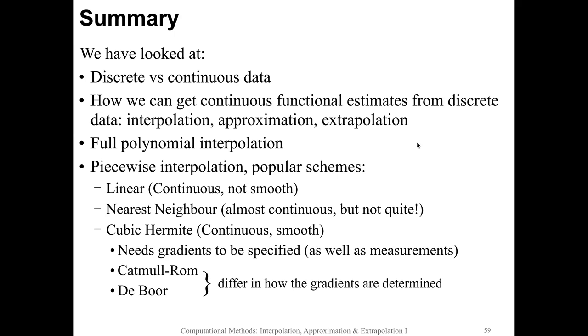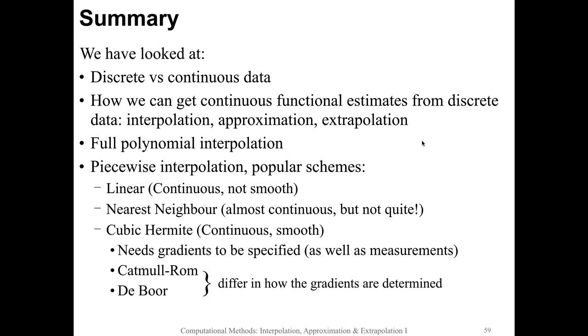And we looked at full polynomial interpolation where we fit a single function to all of our data, and we've looked at piecewise interpolation where we fit separate functions for each interval based on our knot points, based on our data locations.